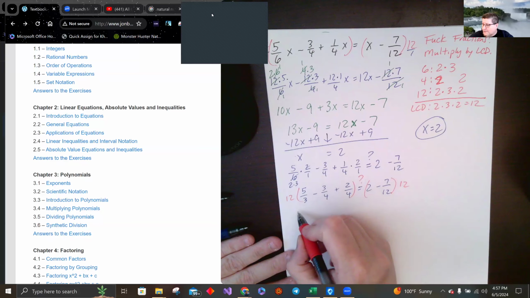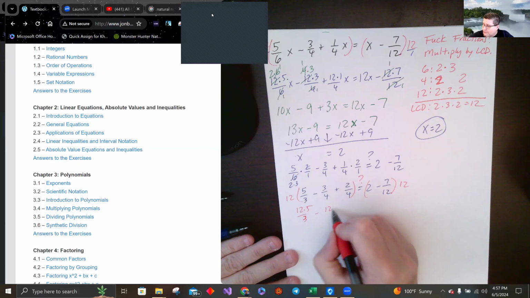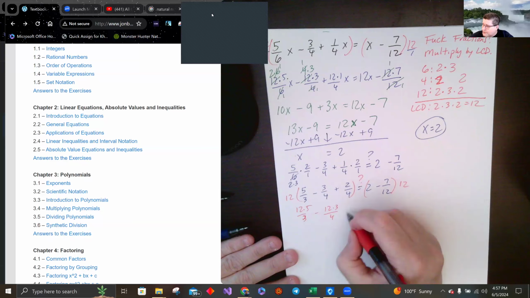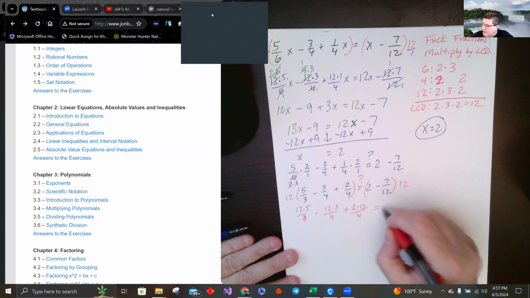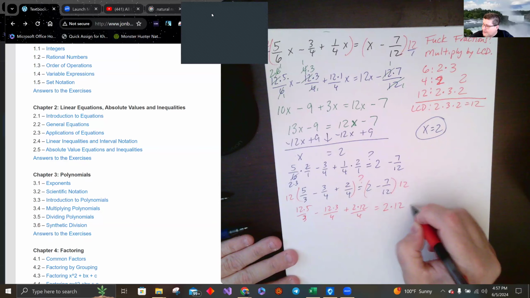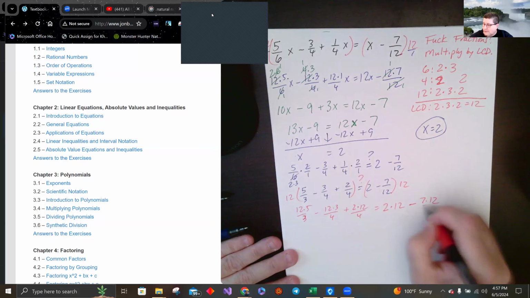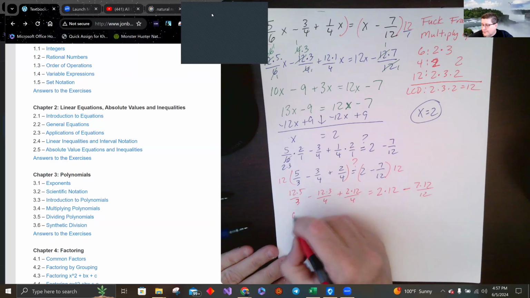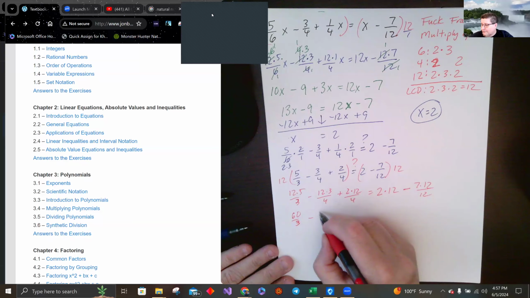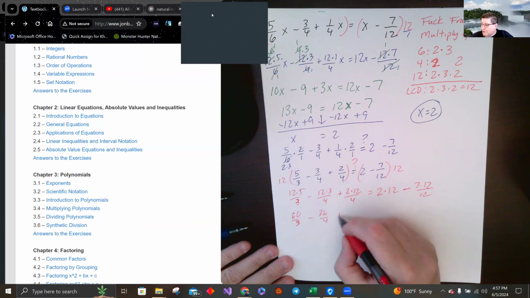So I have 12 times 5 over 3 minus 12 times 3 over 4 plus 2 times 12 over 4 equals 2 times 12 minus 7 times 12 over 12. 60 over 3 minus 36 over 4 plus 24 over 4.